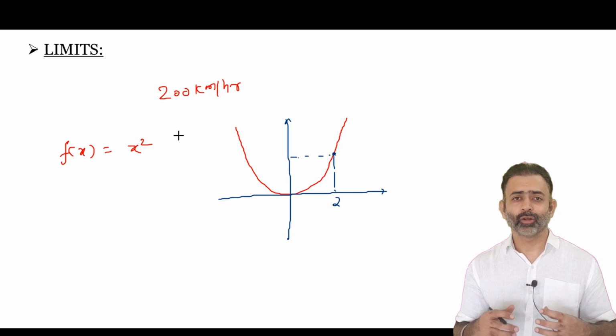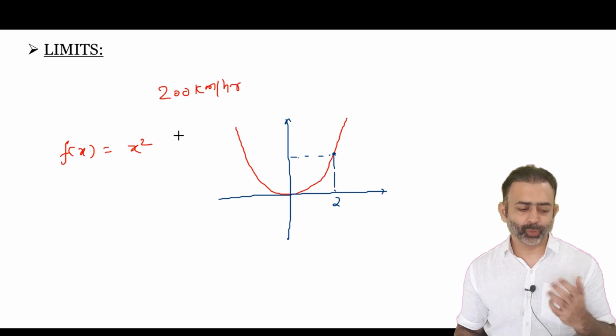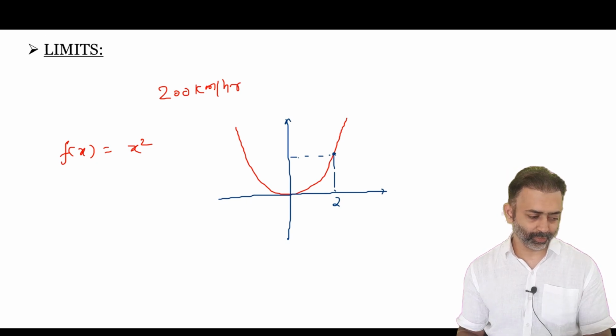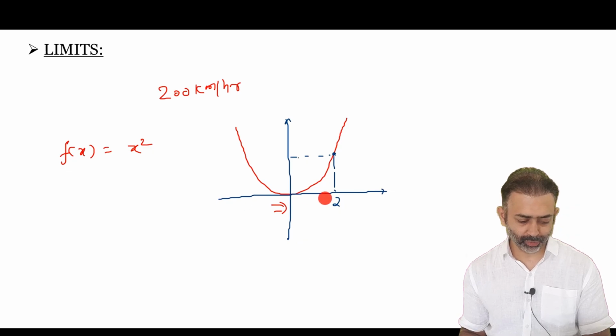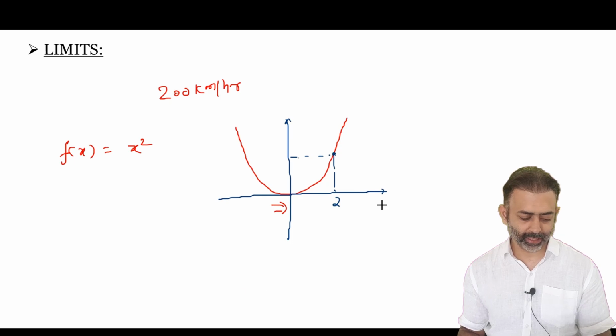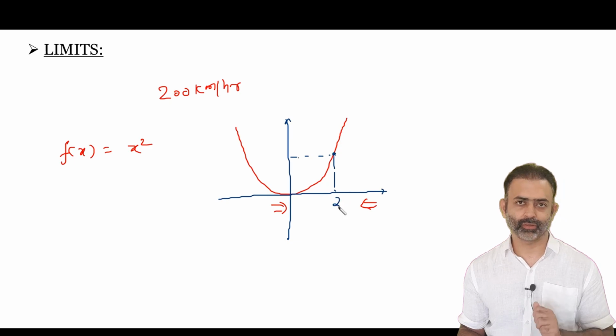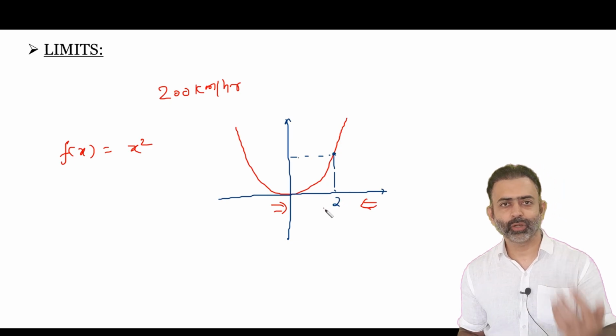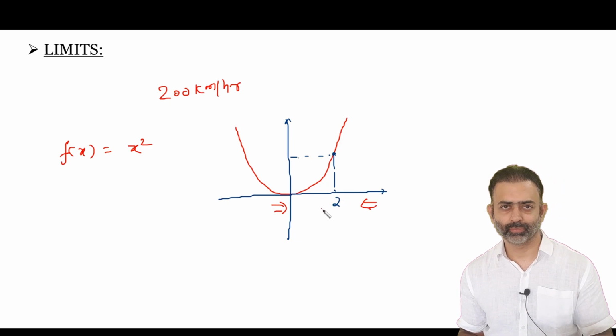In order to reach the point x equal to 2, there are two directions. One direction is from the left, and the second direction is from the right, and we just see to what value the function approaches.